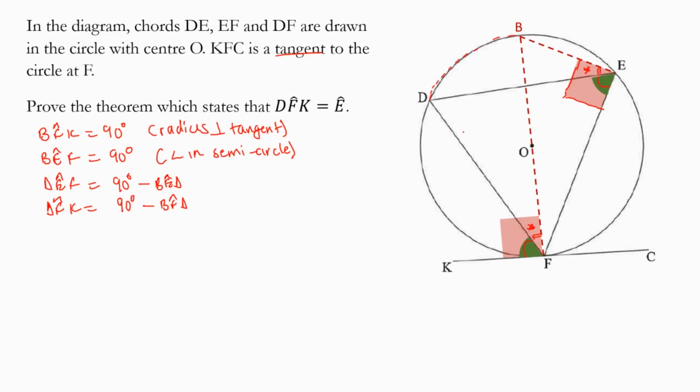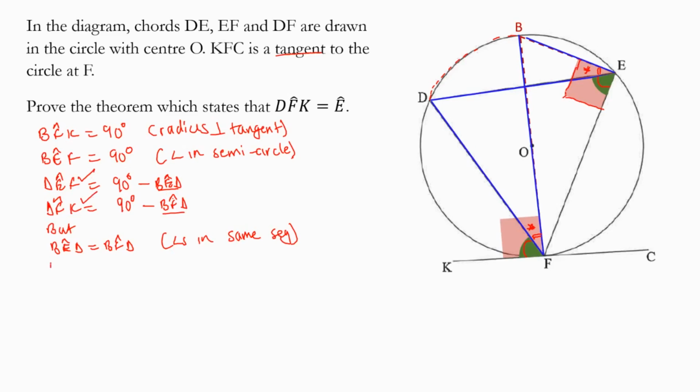So angle BED is equal to angle BFD, since they are angles in the same segment. So now, since these two angles are equal, therefore this angle is equal to this angle.